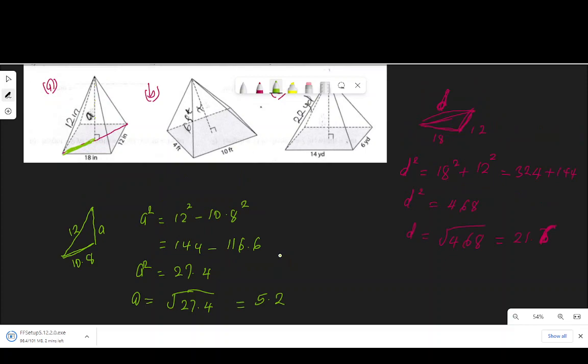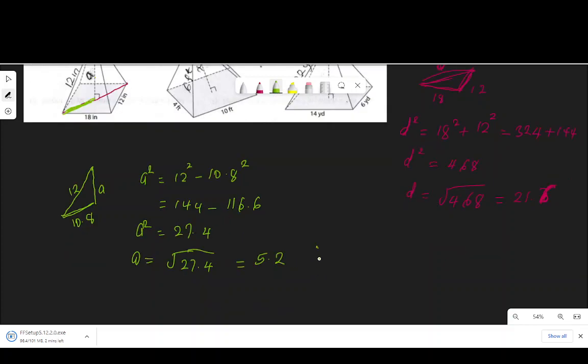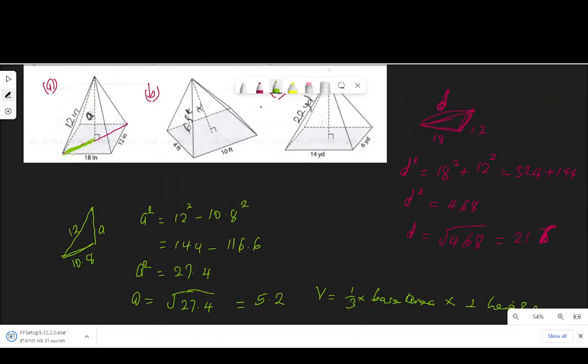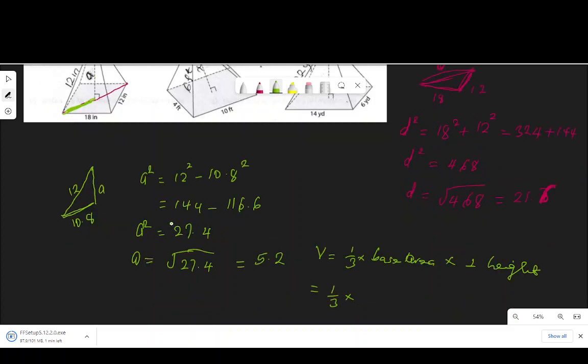With that information, we can get the volume. Because volume is 1/3 times base area times perpendicular height. So that is 1 over 3. The base is a rectangle. Area of the rectangle is length times breadth. Length here is 18, the breadth is 12.